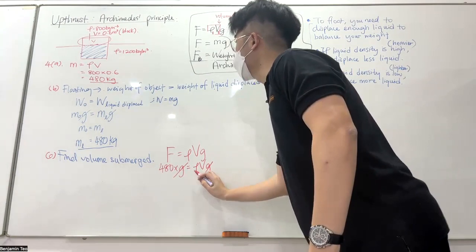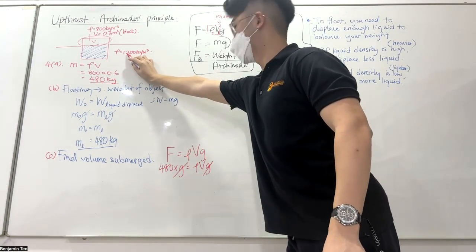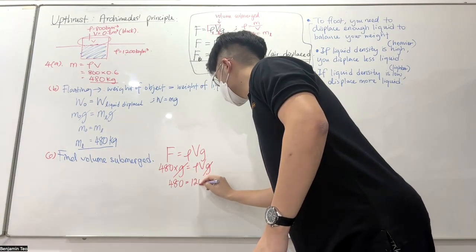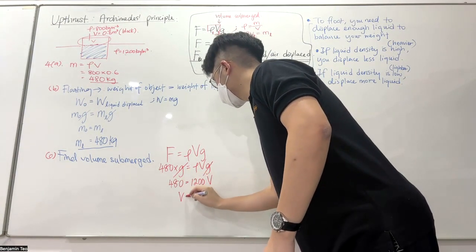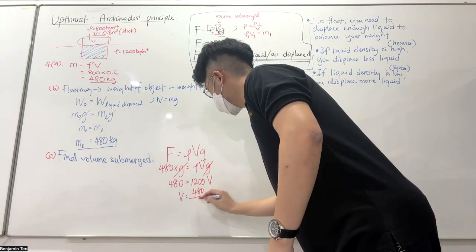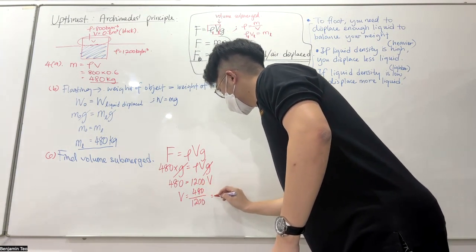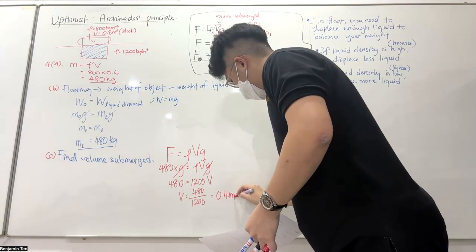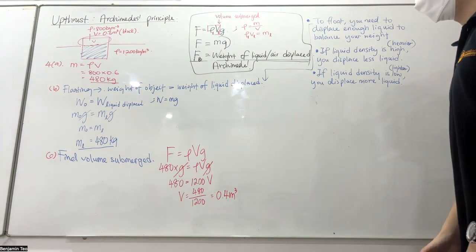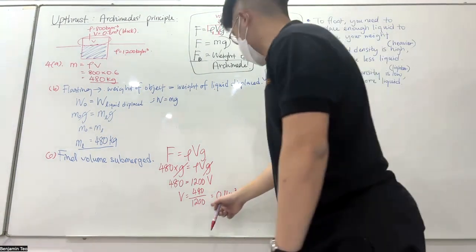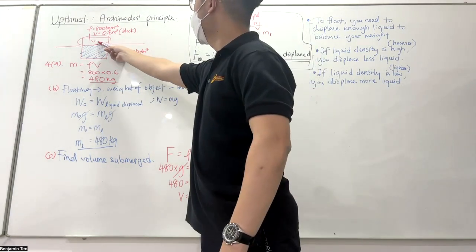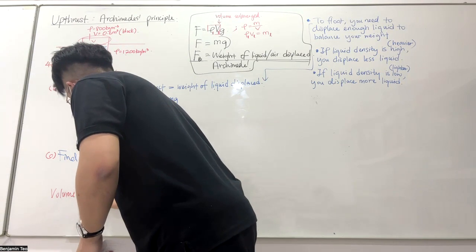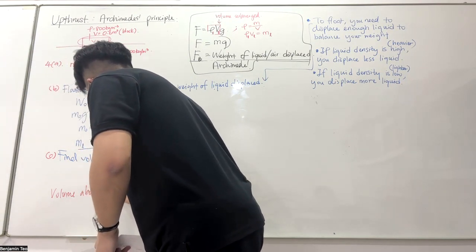Whose density is this one? Liquid density. 1200. Okay. Volume submerged 0.4. Okay. Volume above water surface.